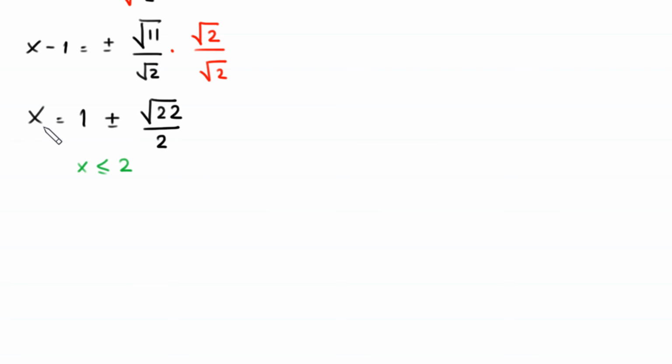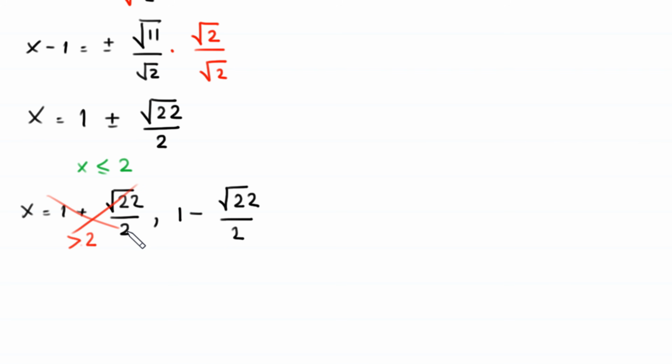So we have two values of x. X is equal to 1 plus root 22 over 2. The second is 1 minus root 22 over 2. This value 1 plus root 22 over 2 is greater than 2, so this will be rejected, and this is a valid solution from this case.